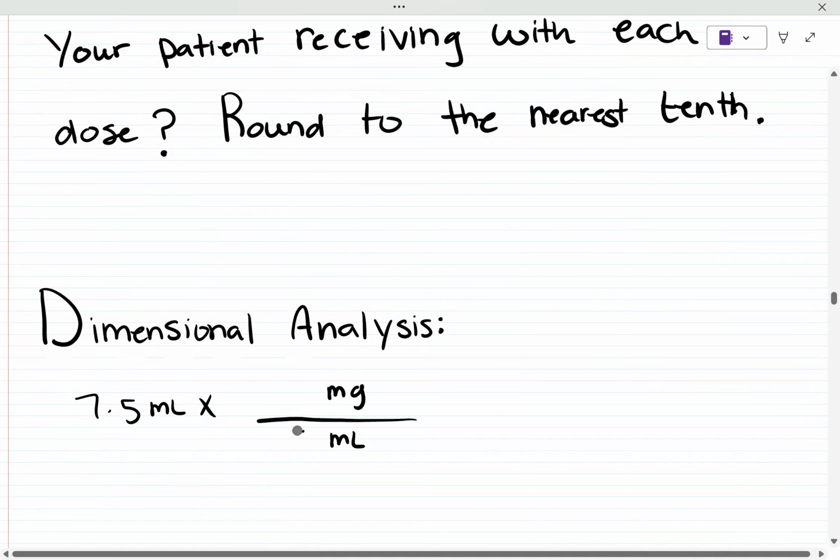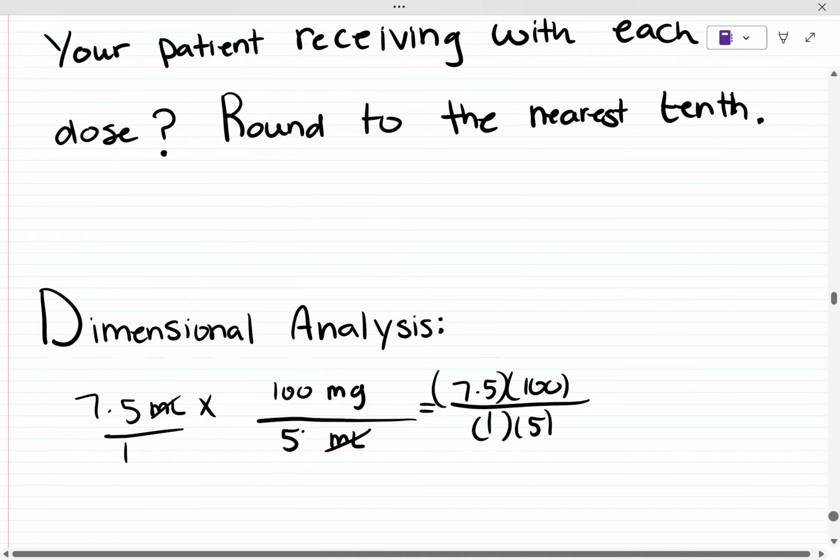Our availability was 100 milligrams for 5 milliliters. Milliliters disappears, and then you're left with 100 times 1.5. That's going to be 750 over 5, which is 150 milligrams.